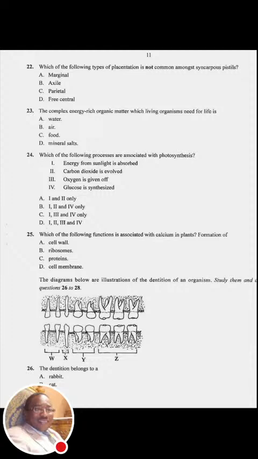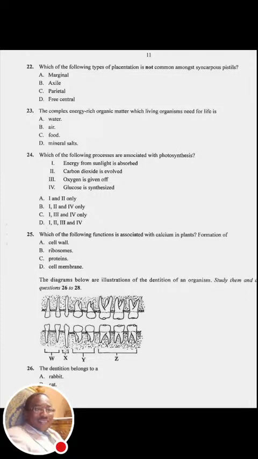Then you have the apocarpous pistil, which has separated ovaries, and the monocarpous pistil, which has a single ovary. So there are three types of pistil in flowers: monocarpous, which is single; syncarpous, which is fused; and apocarpous, which is separated. This question is talking about syncarpous pistil. For information, placentation is the arrangement of ovules in the ovary.